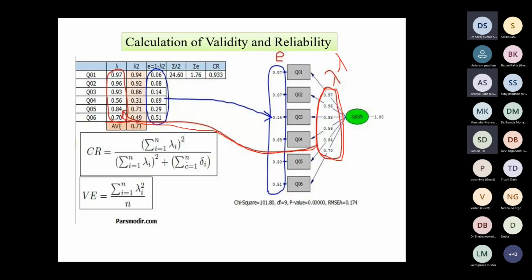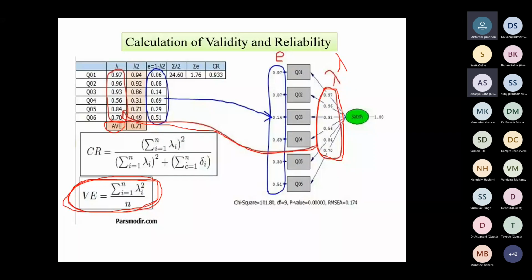So AVE is obtained. This is the formula of AVE, a very simple formula: AVE is equal to summation of lambda square divided by n. Clear?